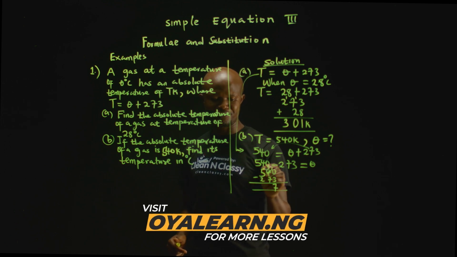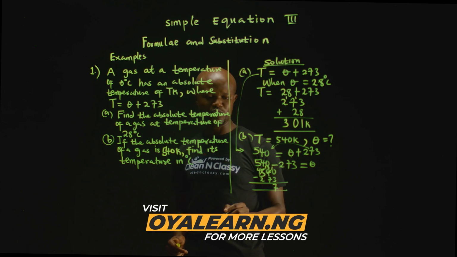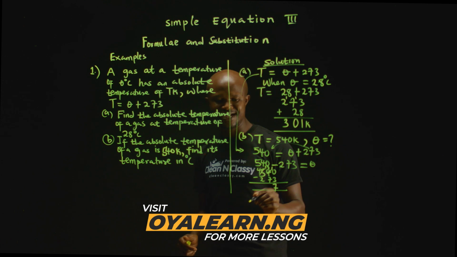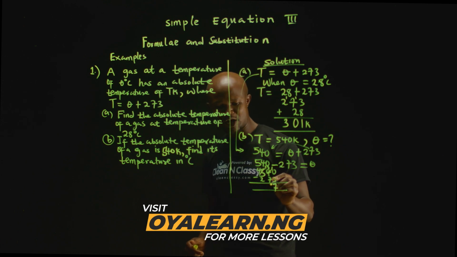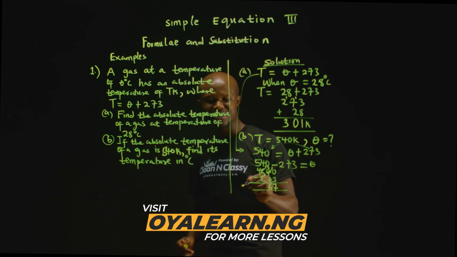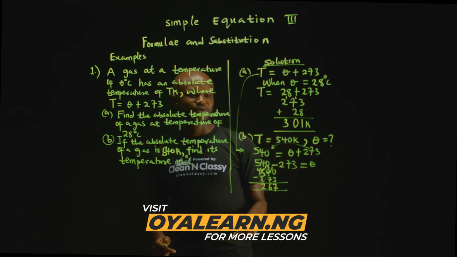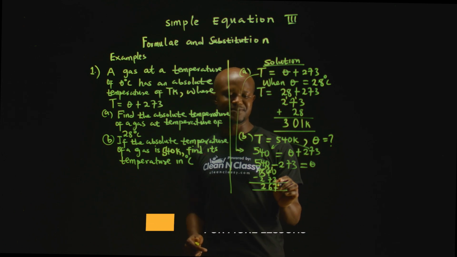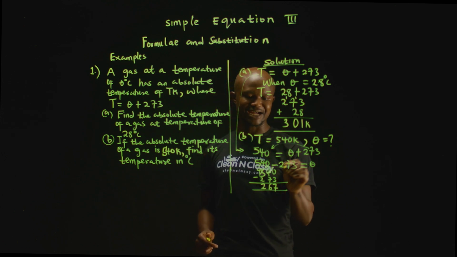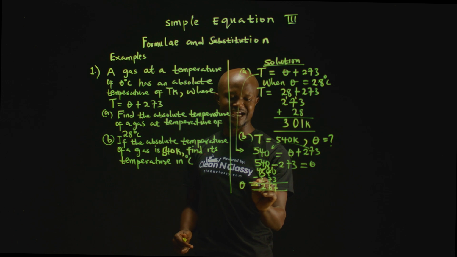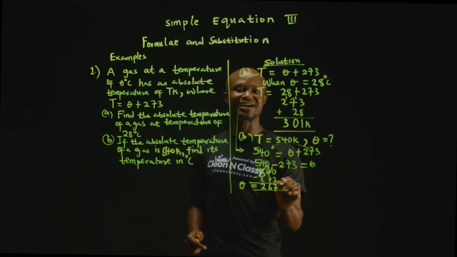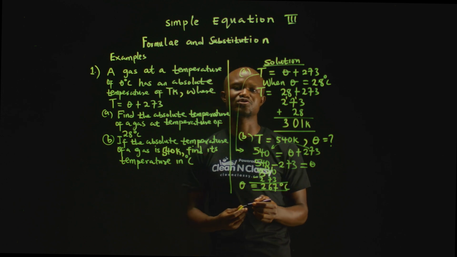We need to borrow from 5. It will remain 4. Then we add 1 to this. What do we have? We have 13. 13 minus 7, that will be 6. Then 4 minus 2, we have 2. So in this case, it means that the answer to theta equals what? 267 degrees Celsius. That is the solution to the problem.